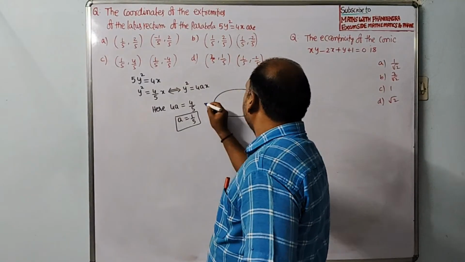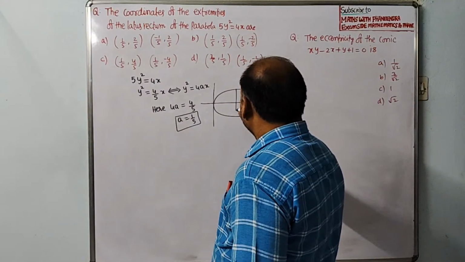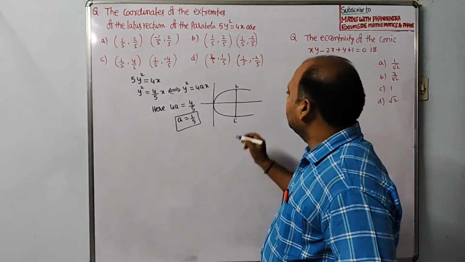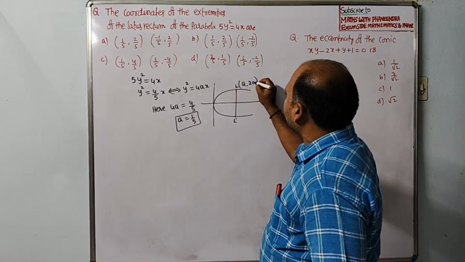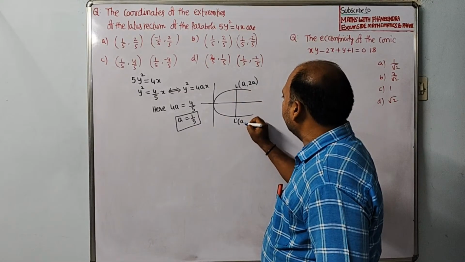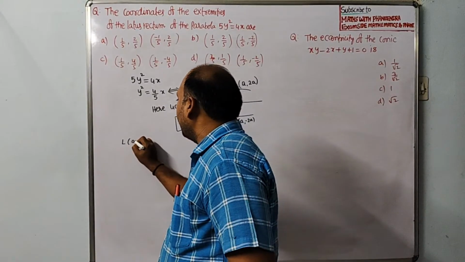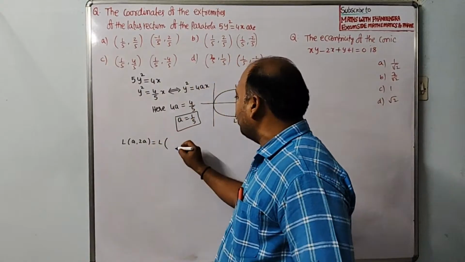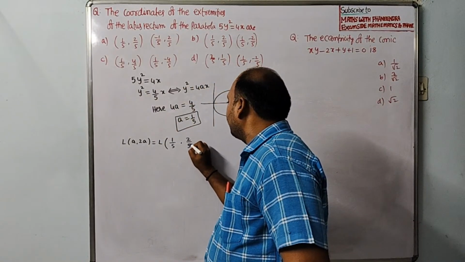This is the figure of the parabola. These are the ends of the latus rectum, L, L dash. The extremities are a comma 2a, a comma minus 2a. So L equal to a comma 2a, which is 1 by 5 comma 2 into 1 by 5, that is 1 by 5 comma 2 by 5.